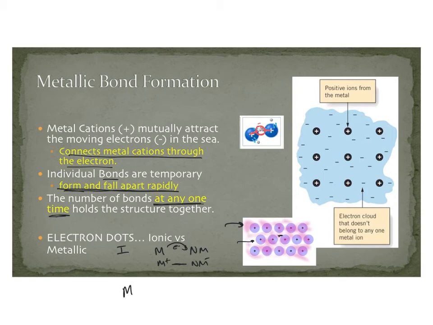In a metal, or a metallic bond, you have two metals. They each lose electrons and become positive ions, and those positive ions attract the electrons that are moving around. So again, positive attracting negative, it just works a little bit differently.